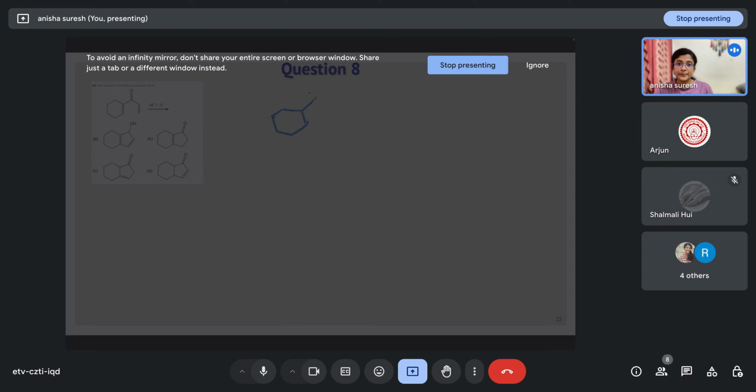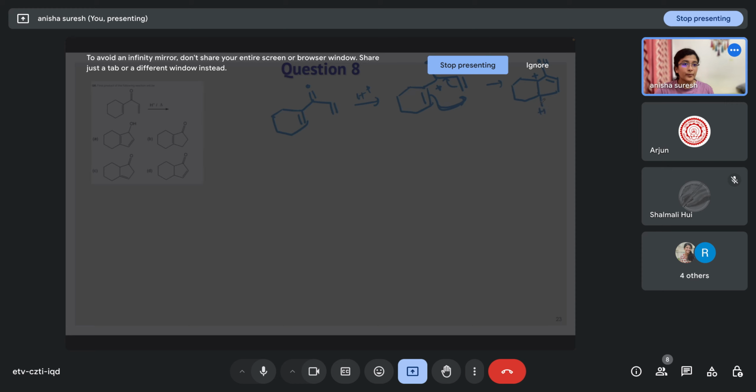So in our case, the reaction will be, so first it will get protonated in the presence of H plus, so it will give OH, and plus here is pentadienyl cation will be forming, and it will undergo cyclization leading to formation of this intermediate.